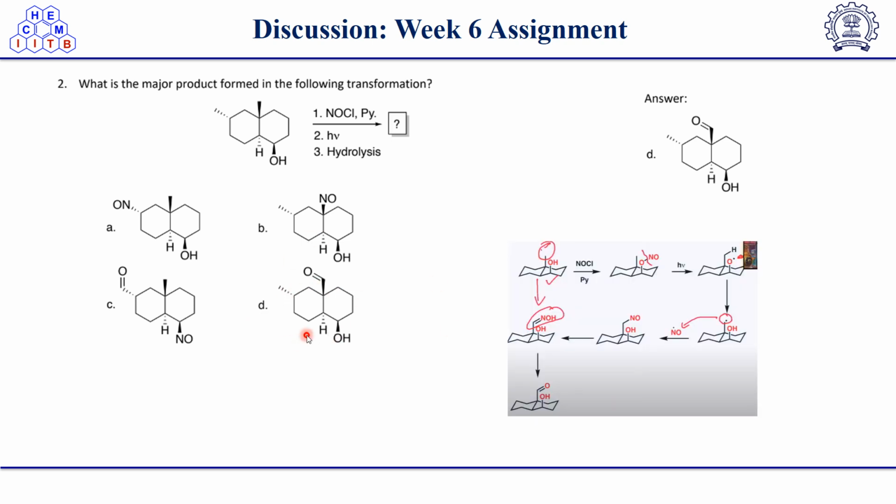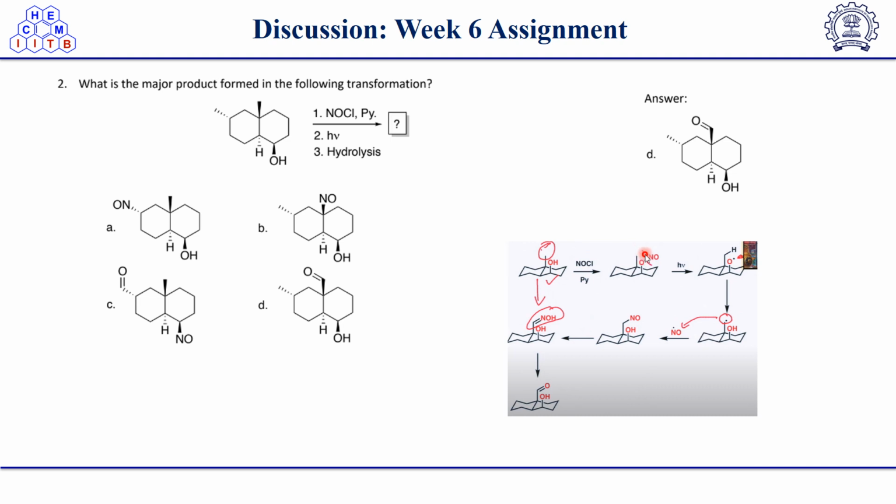And how it is coming? This is the general mechanism for the Barton reaction, followed by photochemical condition and hydrolysis. So here under NOCl pyridine condition, this hydroxyl group is converting into ONO, followed by this delta hydrogen atom abstraction, which will result in an O radical and NO radical under photochemical condition.